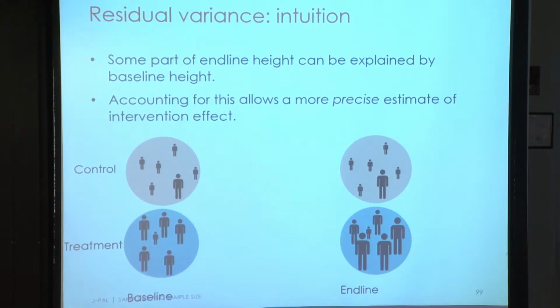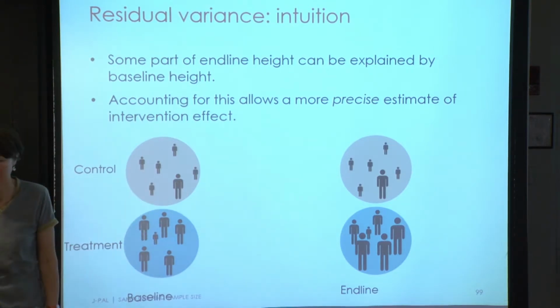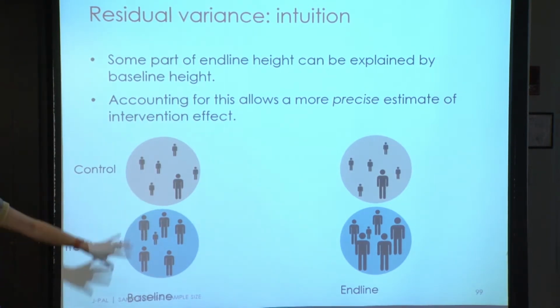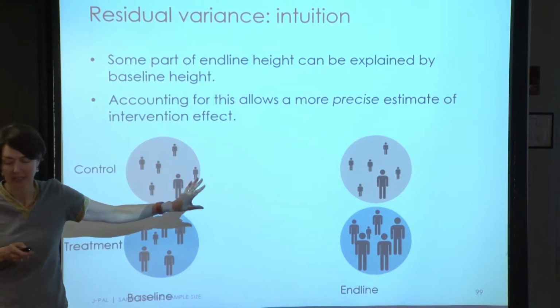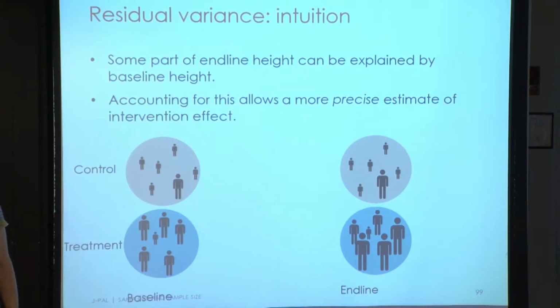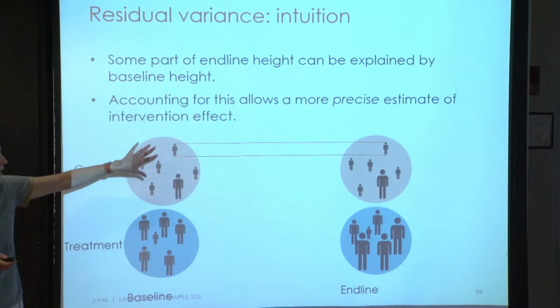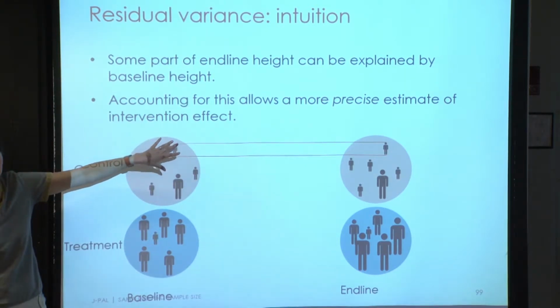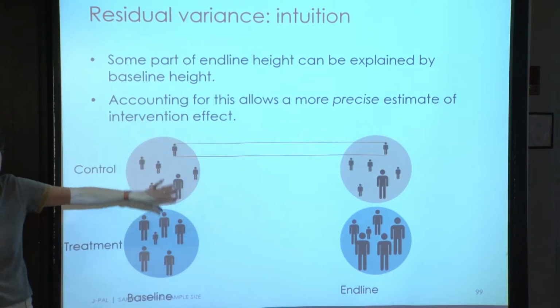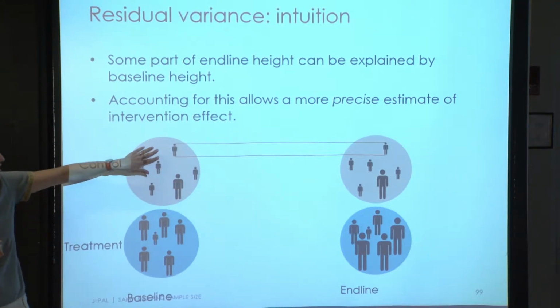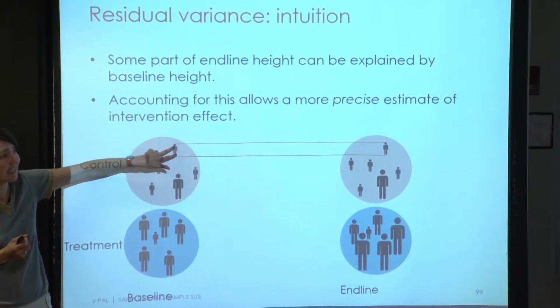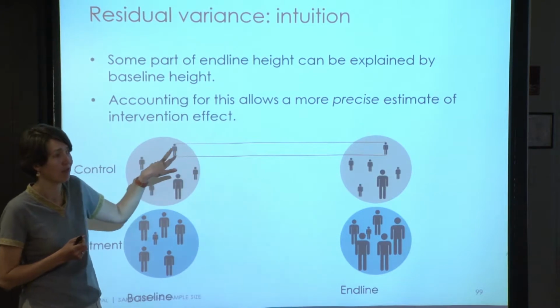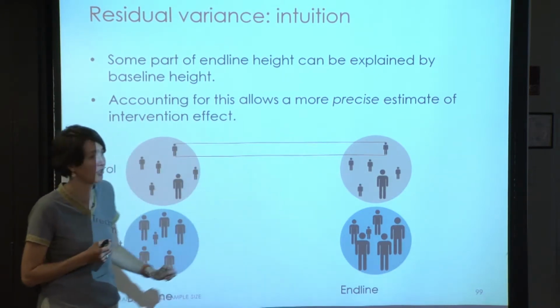And then we can account for this when we do our estimation, and accounting for the baseline gives us a more precise estimate. So what do I mean? I mean, we're going to include in our final estimation the baseline level of height. Right? And then we're tracking this kid over time from the baseline to the endline.